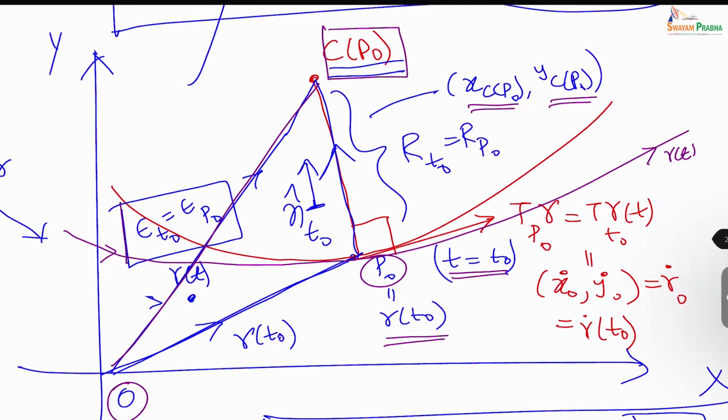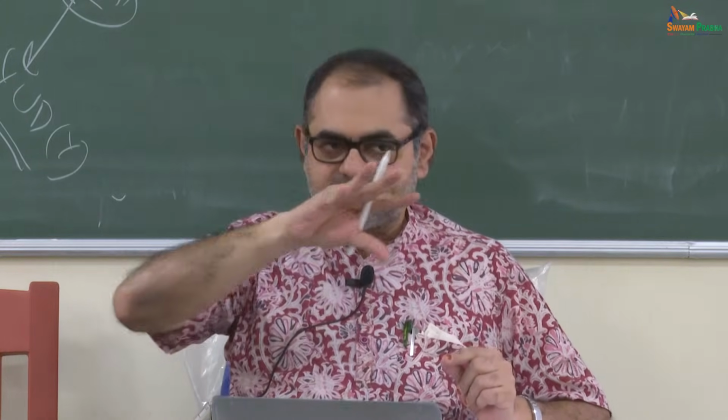That vector I have called epsilon sub t naught or epsilon sub p naught, because that is the position vector of the center of curvature, and as the point moves on the curve, depending on how the curve is curving, the centers of curvature will also move, and they will trace a locus, and that's called the evolute.